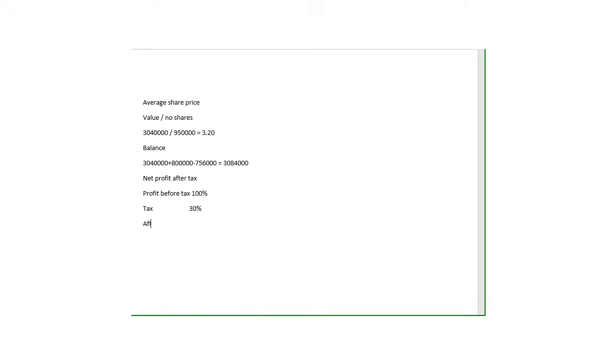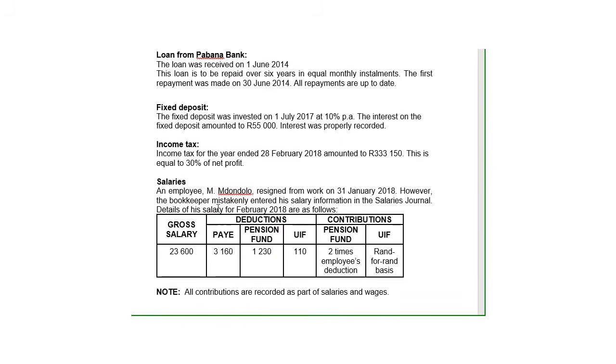So after tax is therefore 100 minus 30, which gives me 70%. If I've got that, they give me whatever the tax is. 30% is the income tax, 333,150. I want to calculate that figure.